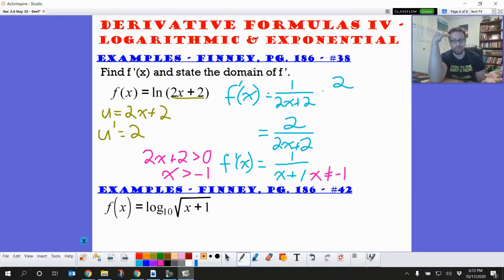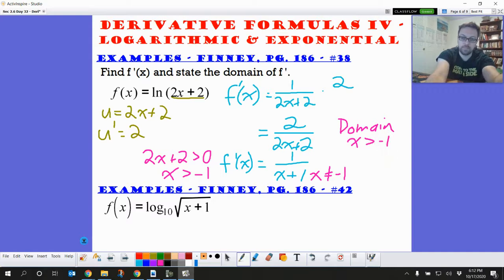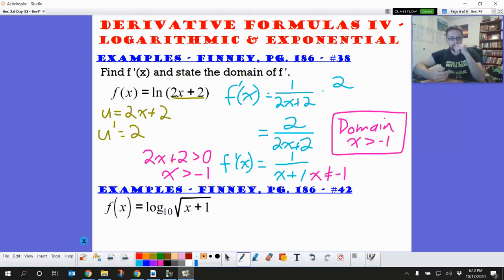And so if we combine those two ideas together, it can't be -1, it's got to be greater than -1. Really, all we're saying for our domain is, hey, it's got to be greater than -1. And the reason that we're doing that is it's being taken from our original function where we couldn't put those -2's into that natural logarithm.